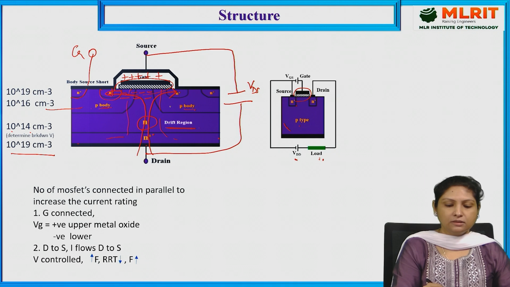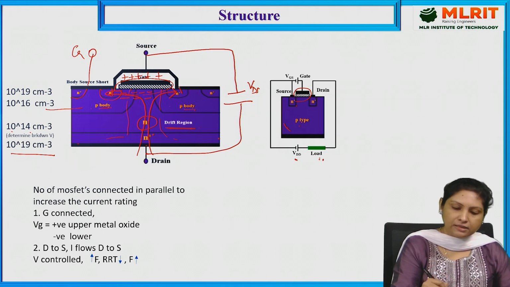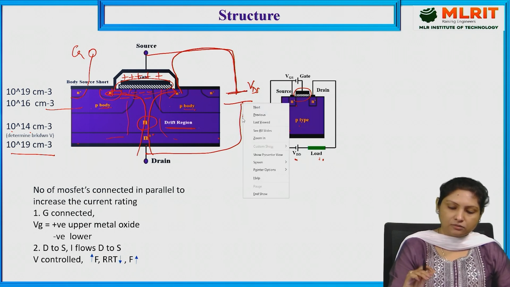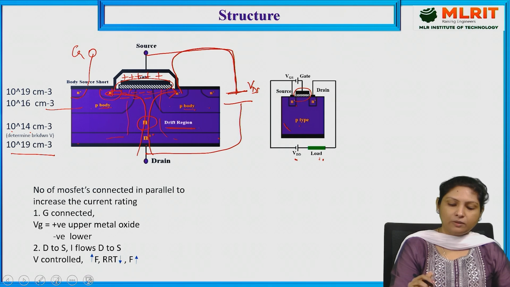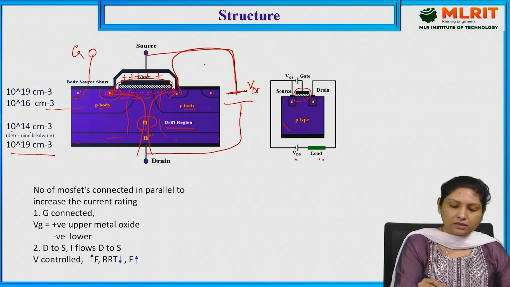Whereas here, if you observe, the N layer is connected to the negative terminal and the positive terminal is connected to the P type. So when N is connected to negative, this is a forward biased junction and this is a reverse biased junction.